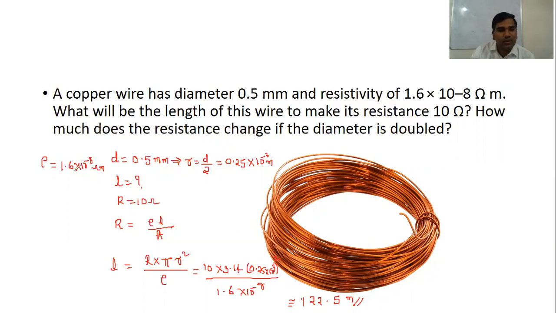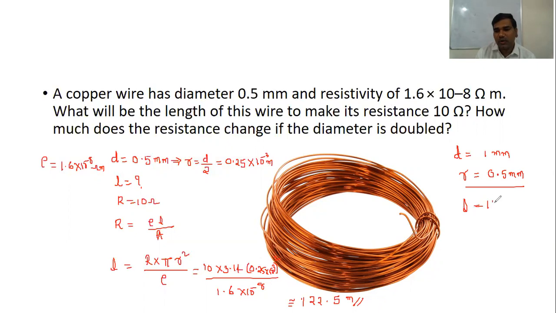The second part of the question: how much does the resistance change if the diameter is doubled? So here we know the resistivity, but length remains the same, the diameter is doubled. When diameter is doubled, diameter will become 1 millimeter. So therefore, radius you have to substitute as 0.5 millimeter.